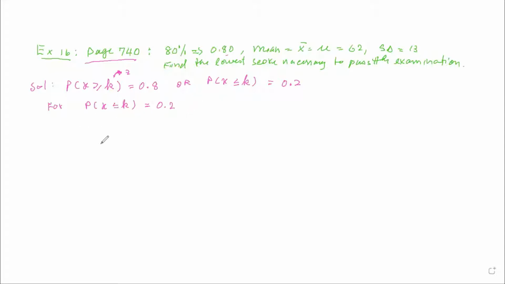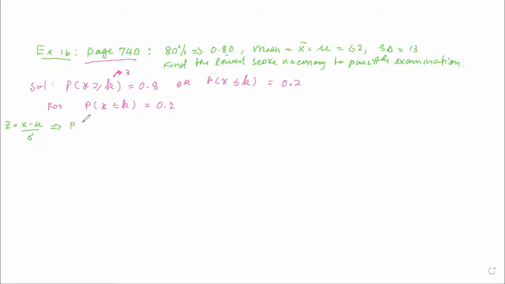Then we use the formula we have: z score equals x minus mu, or x bar, divided by SD. From this formula, you do the same on the left side and right side.